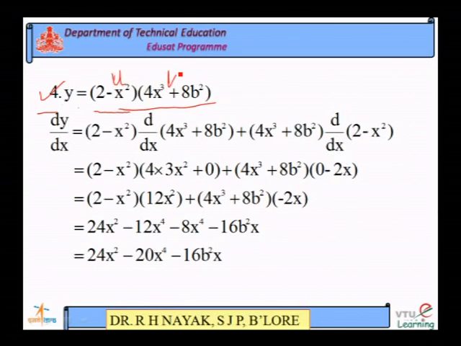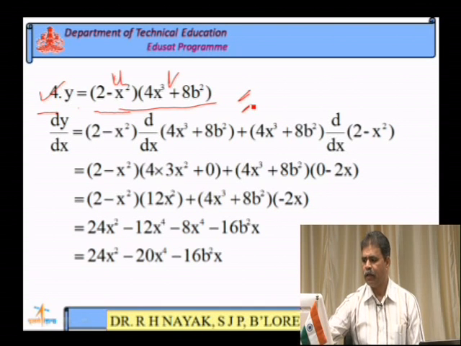So, what does the product rule say? The product rule is given as d of uv by dx equals keep u as it is, dv by dx, plus keep v as it is, du by dx.